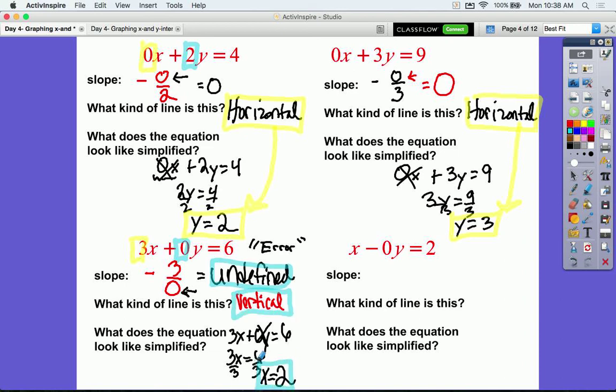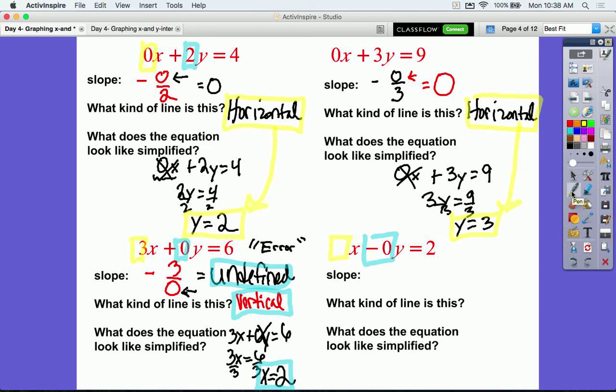Here's the equation of a vertical line. It starts with x equals. It's the only equation that's going to have a starting point of x equals. All of our other equations look like y equals. So that's something to help you keep in mind, that there's something kind of strange about these vertical line equations.